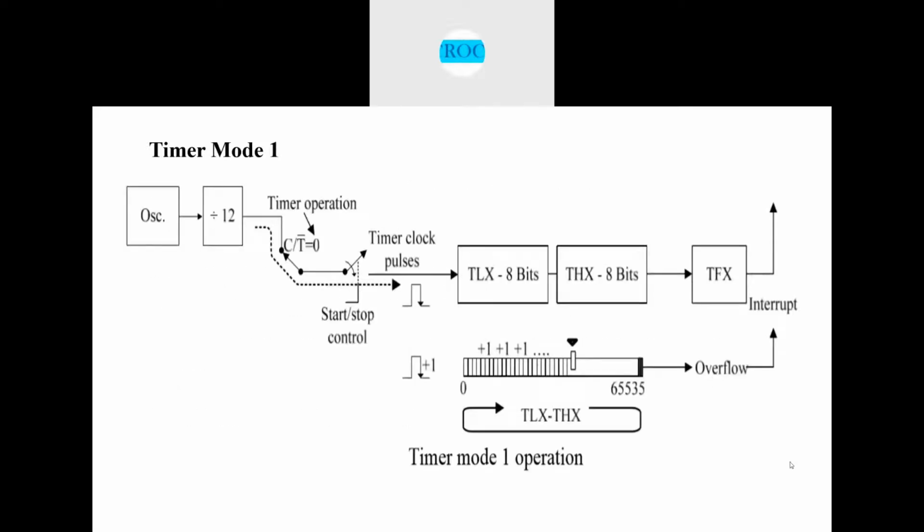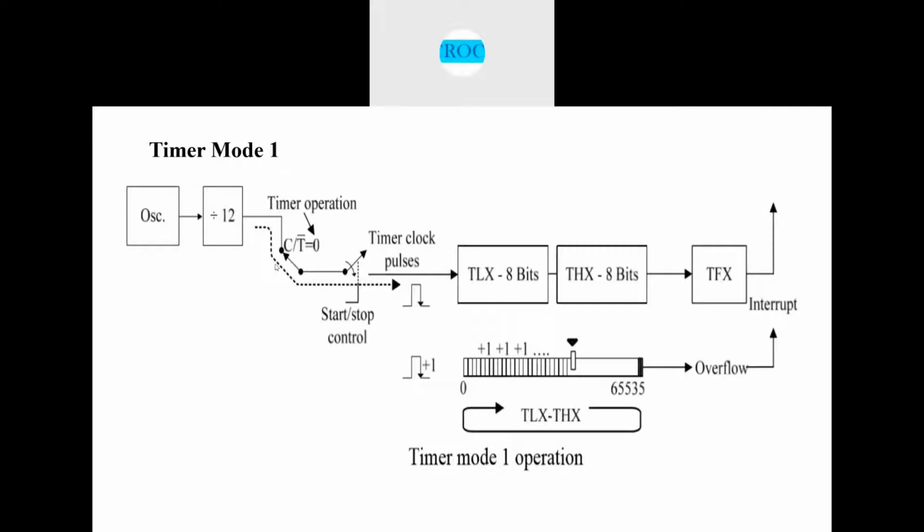We'll understand the operation of the timer in mode 1. If the C/T bit is 0, the clock source is the internal clock source, the crystal frequency connected to the 8051 microcontroller.